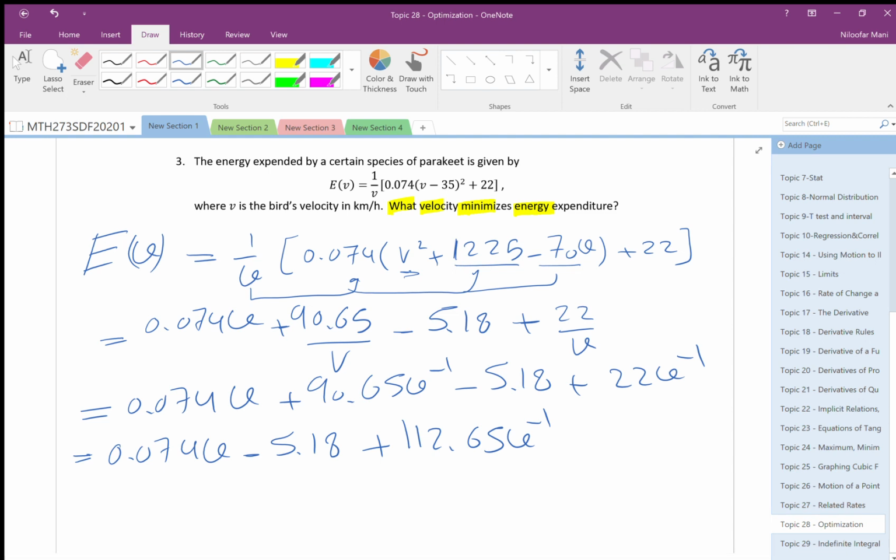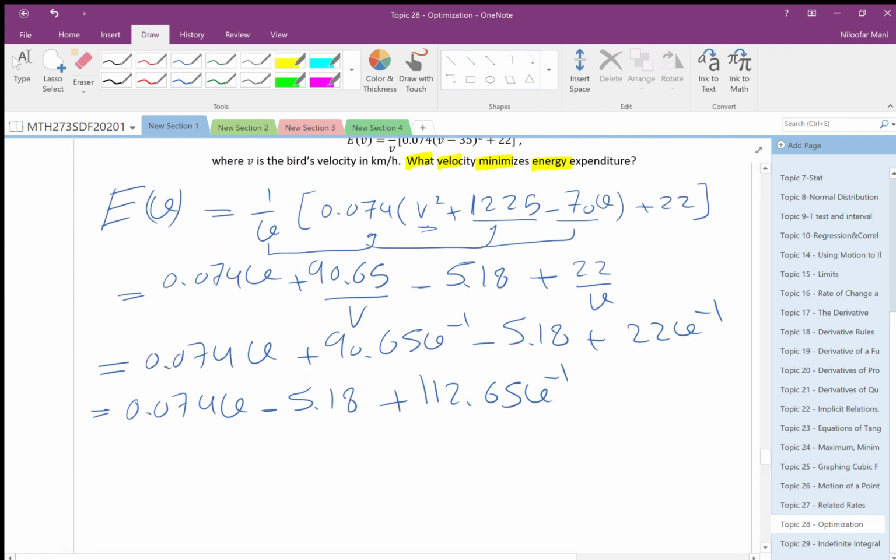This and this cancel, so 70 times 0.074 is 5.18. And then 22 over v, and then I can simplify it.